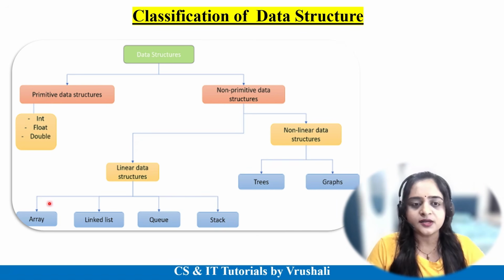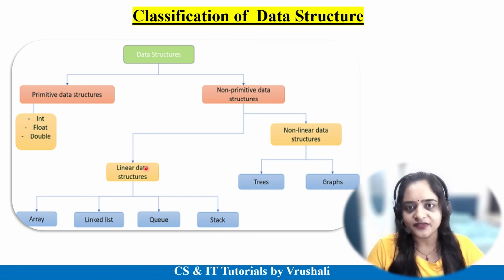These support linear data structure functionality. Nonlinear data structure means all the information is stored randomly or in a hierarchical manner. Trees and graph support nonlinear data structure functionality. So these all are the types of data structure.